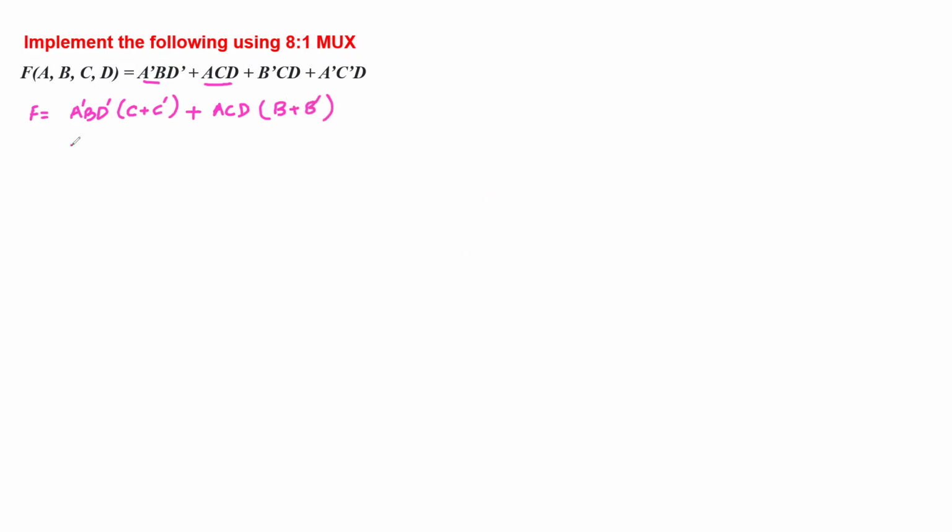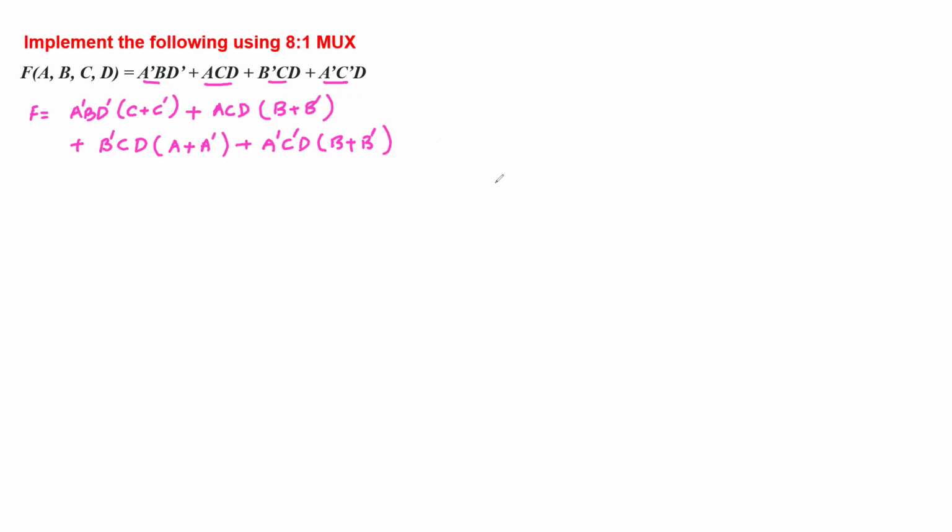Then we'll write plus B bar C D, and in the parenthesis we'll write A or A bar. Plus, the final product term here, that is A bar C bar D, and then we'll write B or B bar.